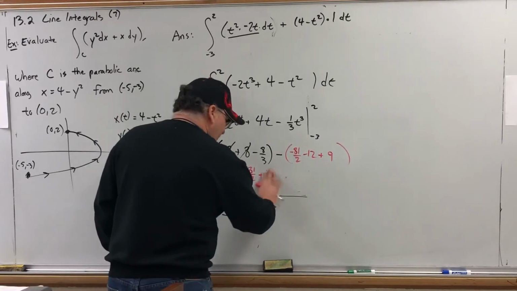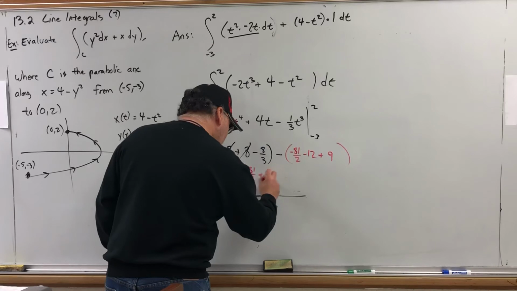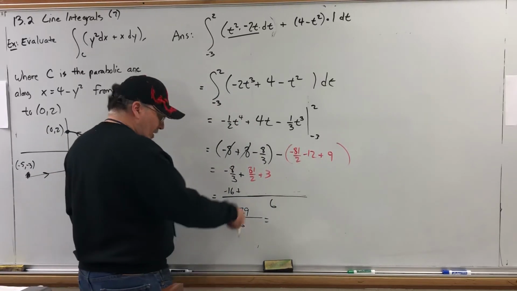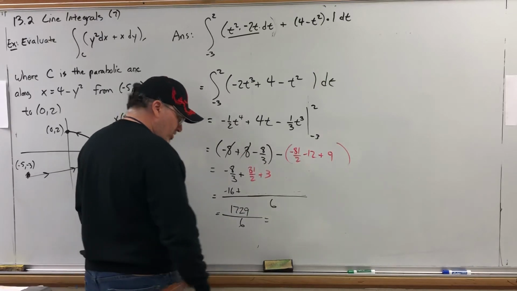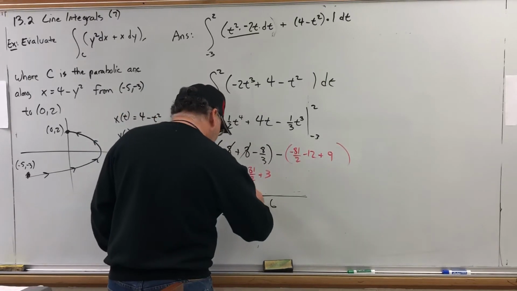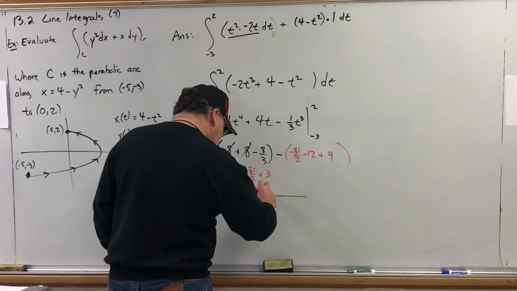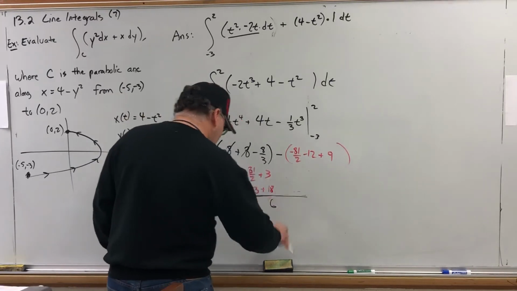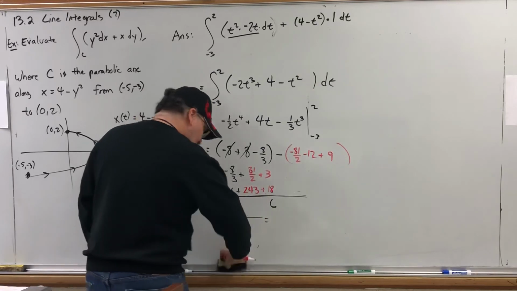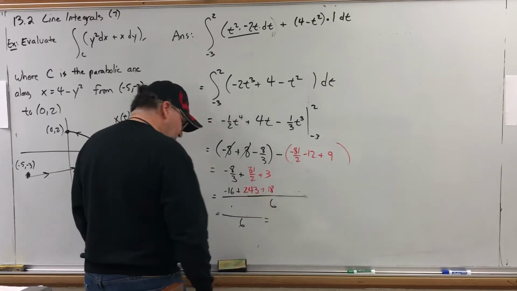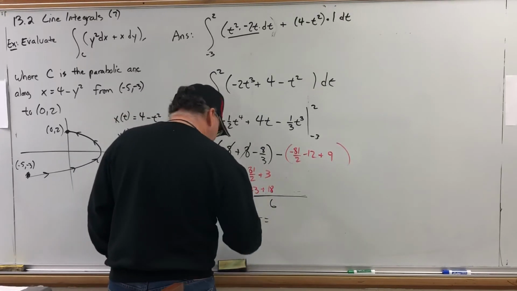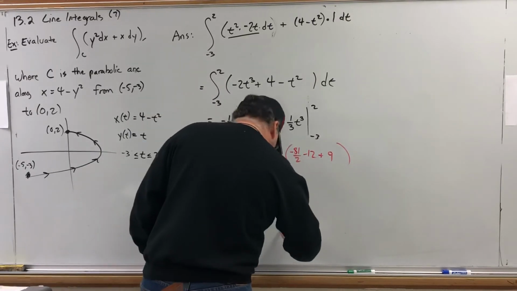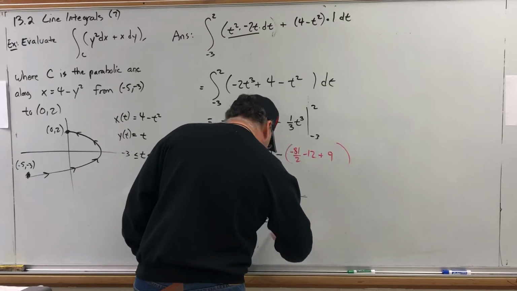Why don't we just go ahead and call that 3? And now to get a common denominator of 6, I would have to triple both sides of this fraction, and that would make the top 243. And for the 3, I would just have to multiply it by 6 to get 18. And so 18 minus 16 is 2, added on to 243 is 245, and that is 40 5/6, which is the answer they had in the back.